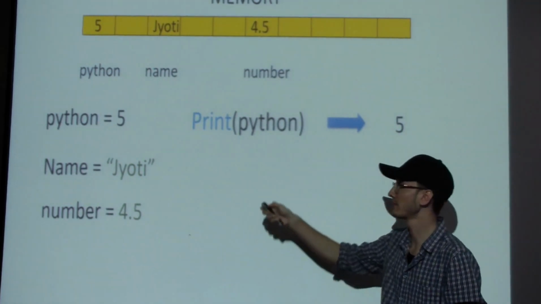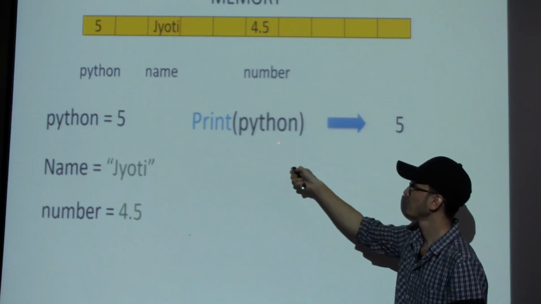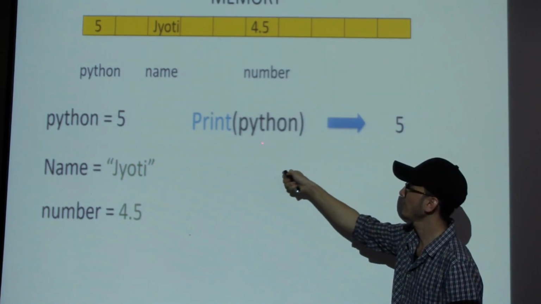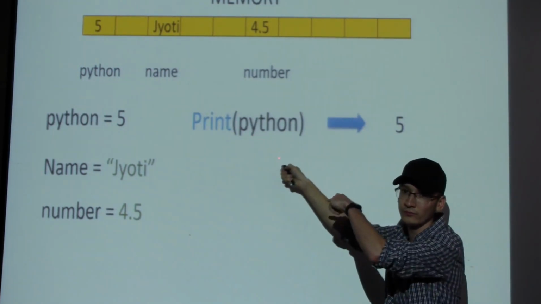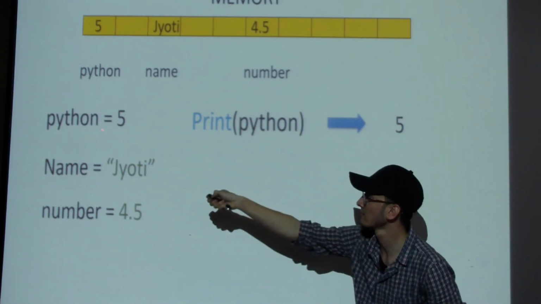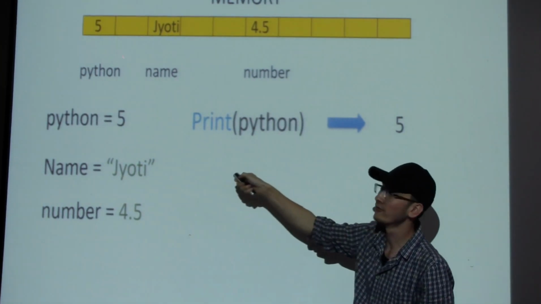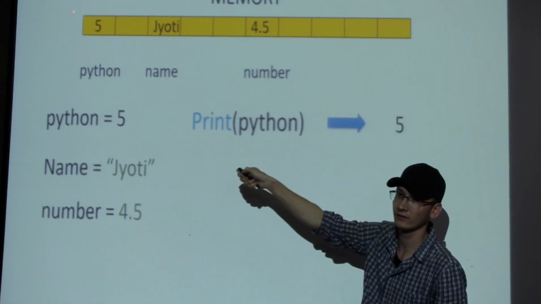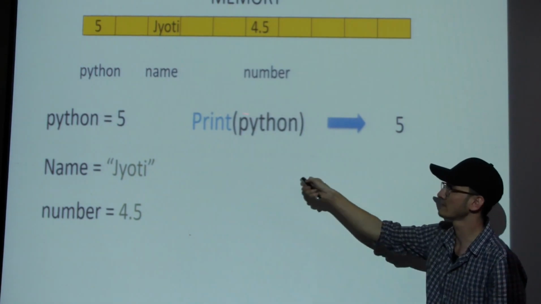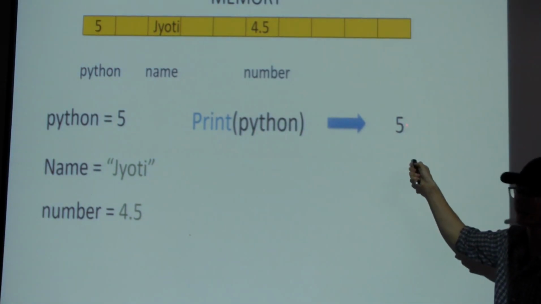Now, if we use the print command and write our variable Python into the print command, it will call the value of the Python variable. The value is 5. If we type this command into PyCharm, we will have the answer 5.